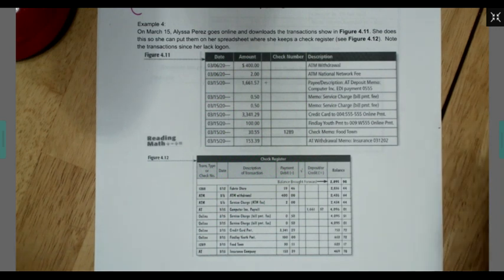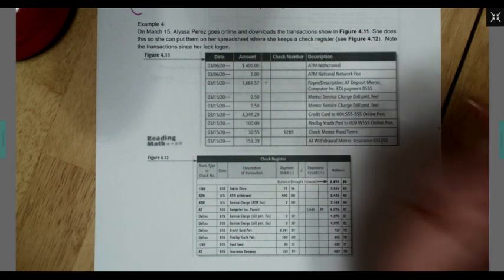Here in example 4, it says on March 15th, Alyssa Perez goes online and downloads the transaction shown in figure 4.11. She does this so she can put them on her spreadsheet where she keeps a check register. See figure 4.12. Note the transaction since her last log on.